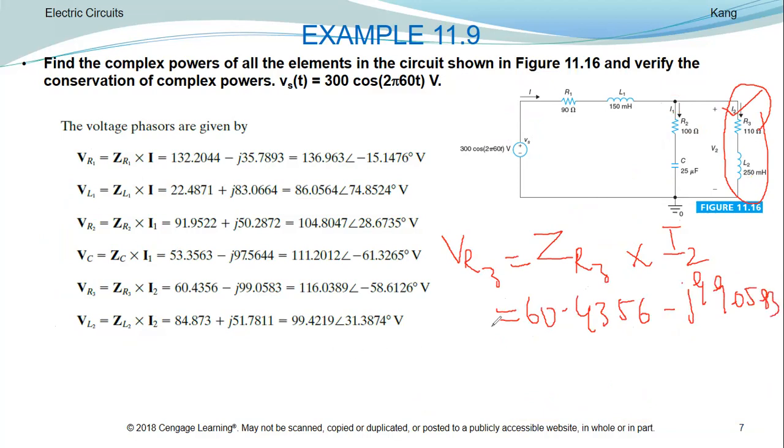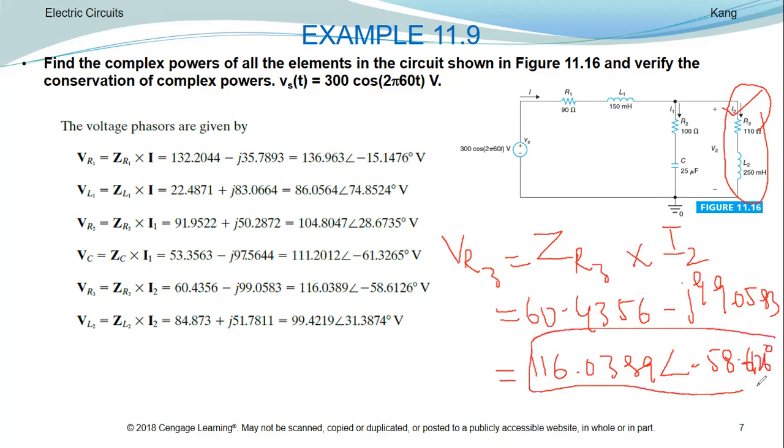Again, by using the phasor formula, we can transform this equation into 116.0389 with the angle of minus 58.6126 degrees. So this is the value of VR3.